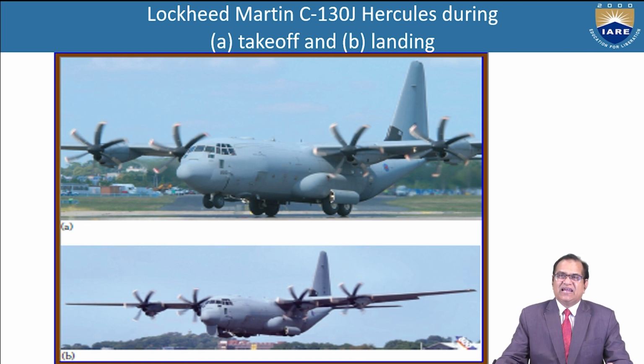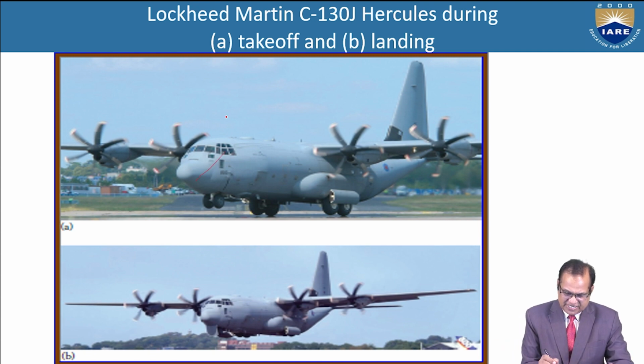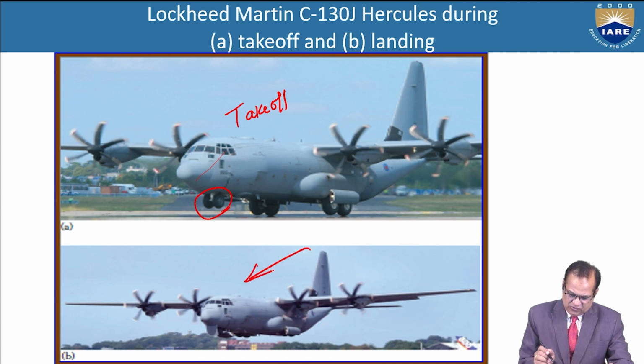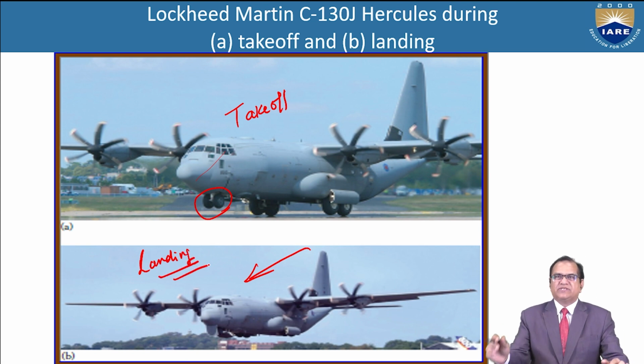It also needs very little runway length. So this is the takeoff, the first case. You can identify that it is leaving the ground, and here it is coming down, so it is a landing. These are the two diagrams, and you can see which one is the landing.